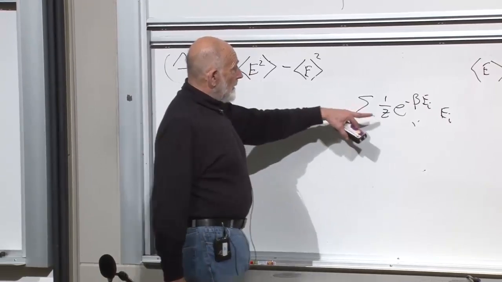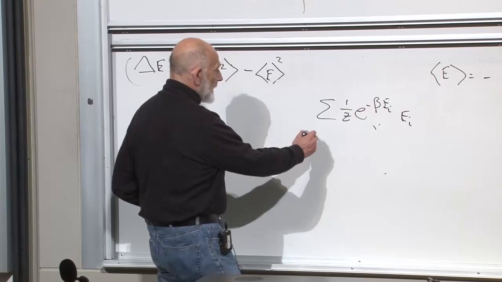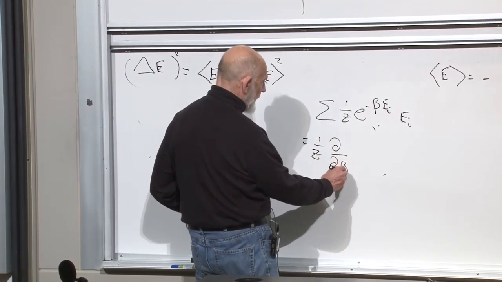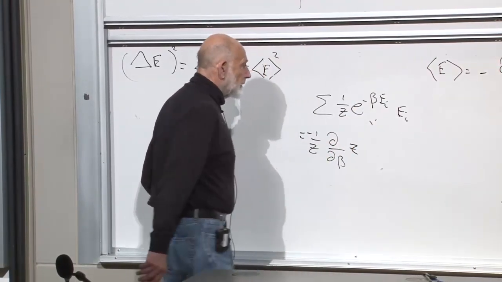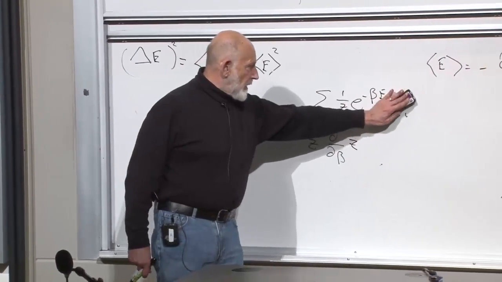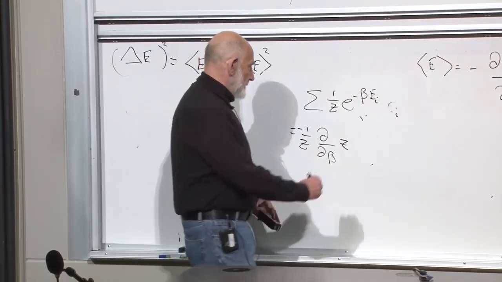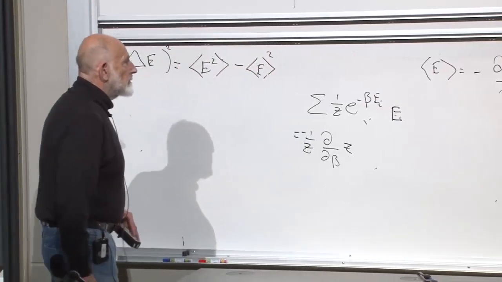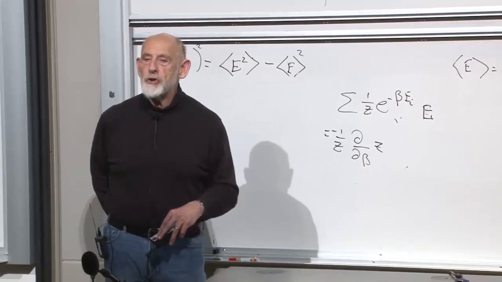So this is equal to 1 over z d by d beta with a minus sign of z. Z is the sum without the e, and d by d beta is the sum with the e. Okay, so this term we have under control. But suppose we want to get the average of the energy squared. What do we do?